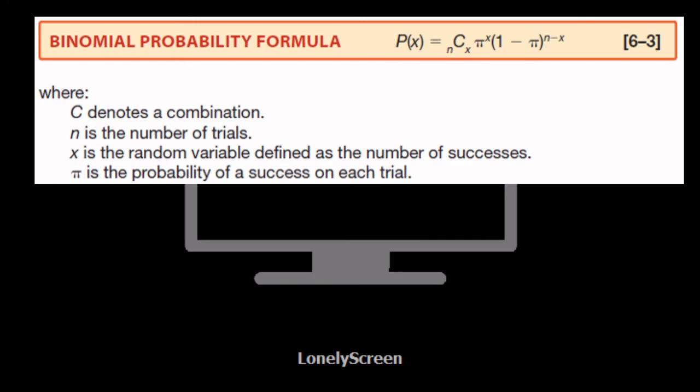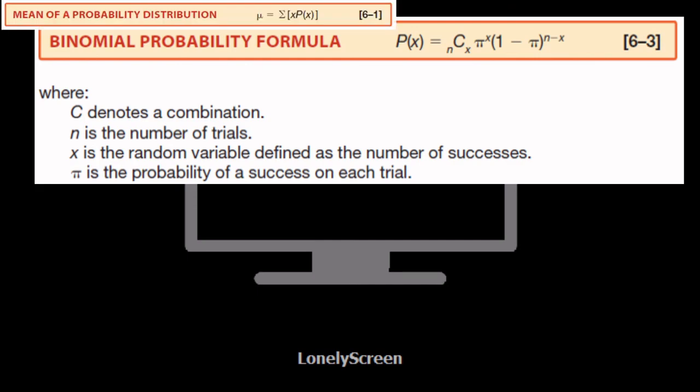Those are raised to the power of the number of successes or the number of failures, so n minus x is the failures. It's a messy formula at a glance, but we're prepared to tackle all the parts of it, so we'll come back and walk through that in more videos.